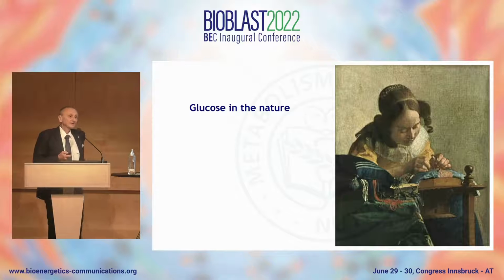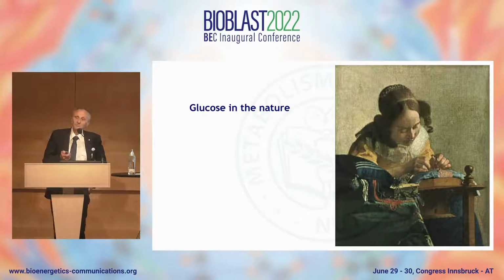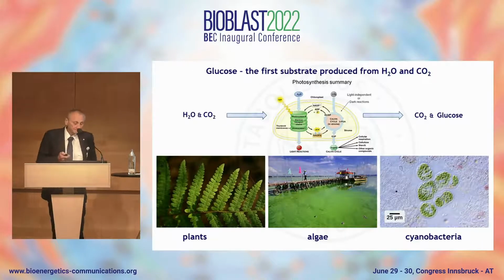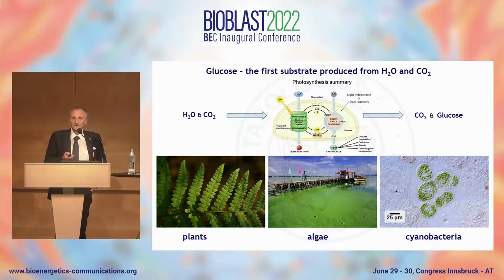I would like to say that glucose, or glucose polymers like cellulose, starch and glycogen, are the most abundant organic molecules, because they are synthesized, as everybody knows, from CO2 and water. The glucose molecule and its metabolites are the basis for all other molecules.